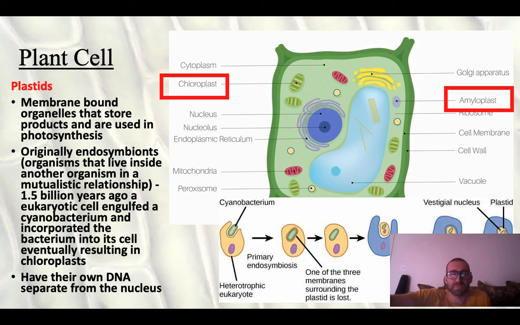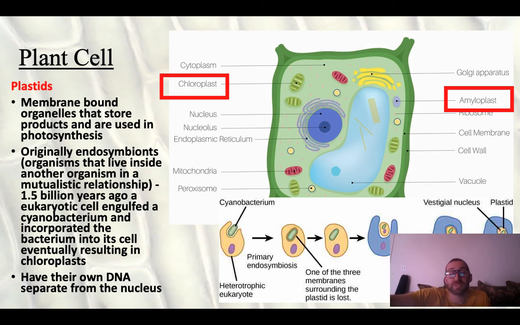evolutionary origin for these really, really important organelles, because when we're talking about our chloroplasts, this is the organelle that is responsible for photosynthesis. And photosynthesis is the process by which we get energy from the sun, and we use that to create food. Right?